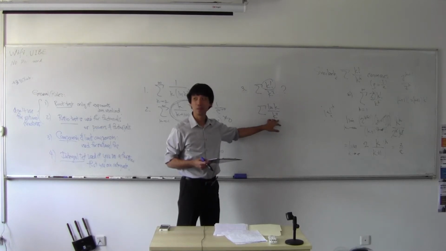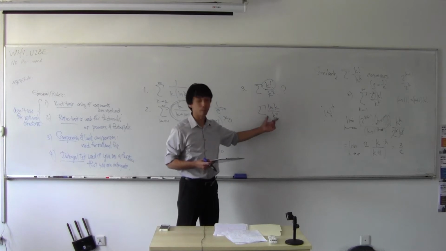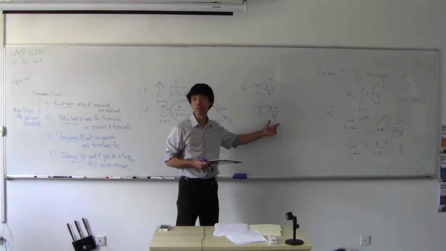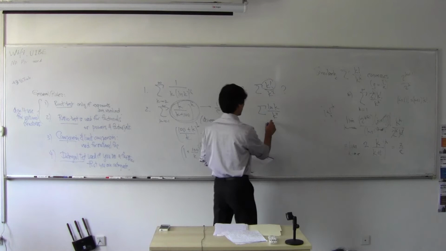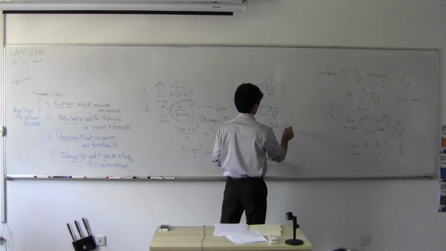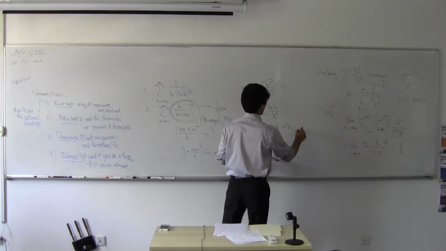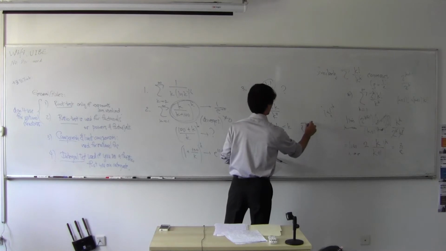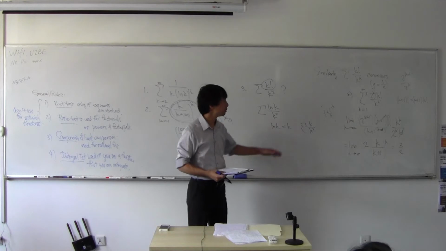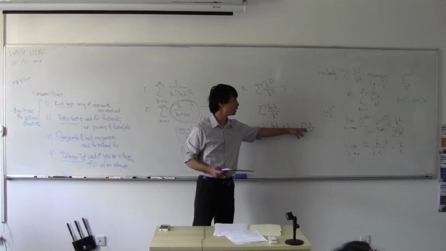So basically you're going to compare against 1 over k squared. You know that natural log of k is smaller than k, so this thing is controlled by k over k cubed, which converges by the p-test, since p is bigger than 1.